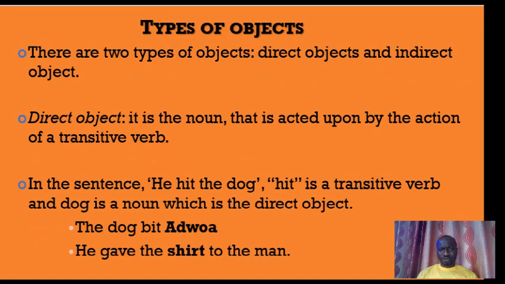We have types of objects. There are two types of objects: direct objects and indirect objects. The direct object is the noun that is acted upon by the action of a transitive verb. In the sentence "He hit the dog," hit is a transitive verb, and dog is the noun which is the direct object.